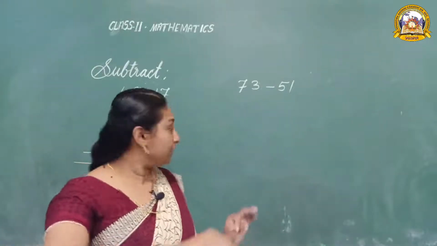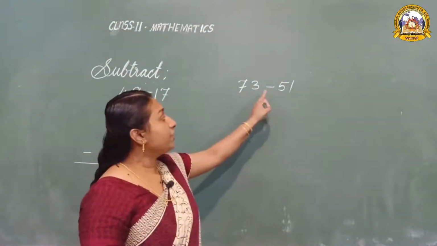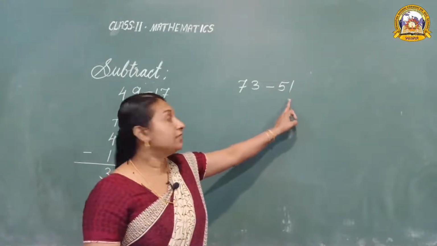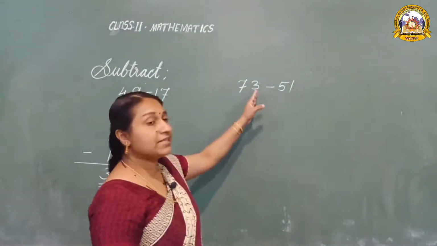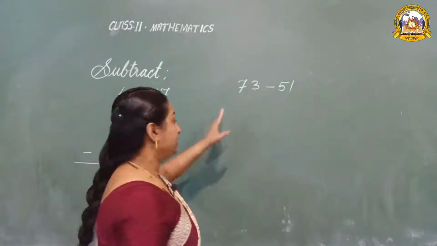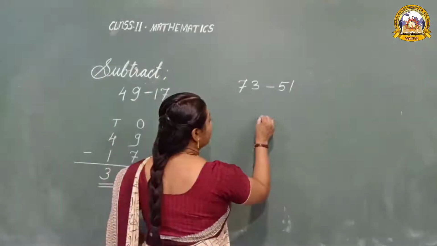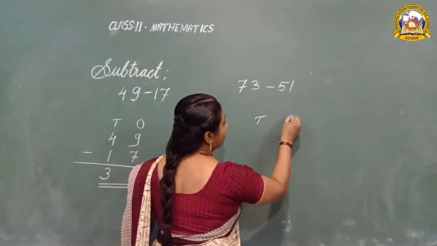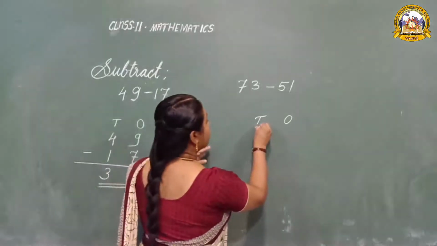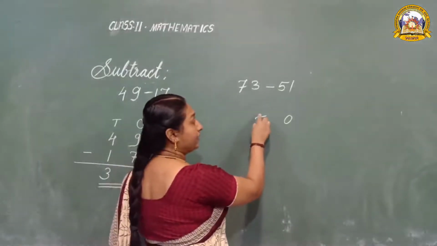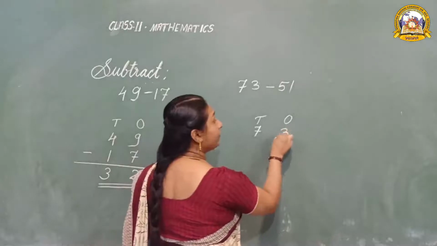Okay, next, here you can see 73 minus 51. They are also 2-digit numbers, means ones and tens. Here, tens and ones. In 73, 7 tens and 3 ones.